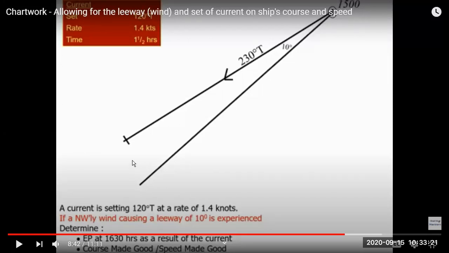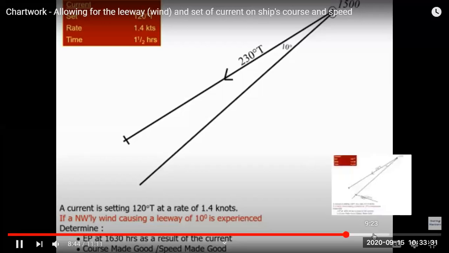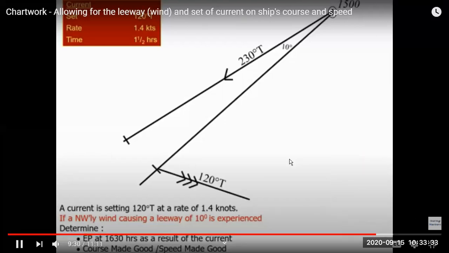Now we again put a 9 mile arc and we get the first estimated position after the leeway, and then we apply the current. The 9 mile arc, yes, because the speed is 6 knots for 1.5 hours, that's a 9 mile arc.